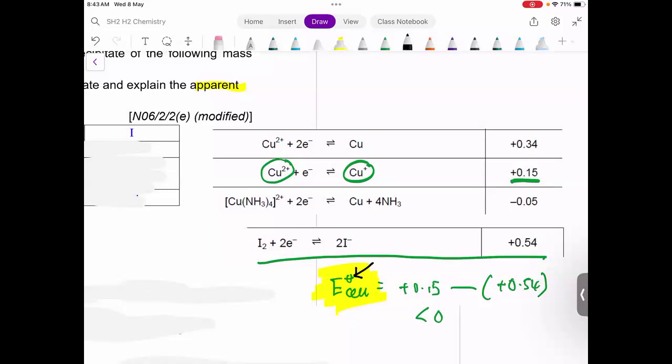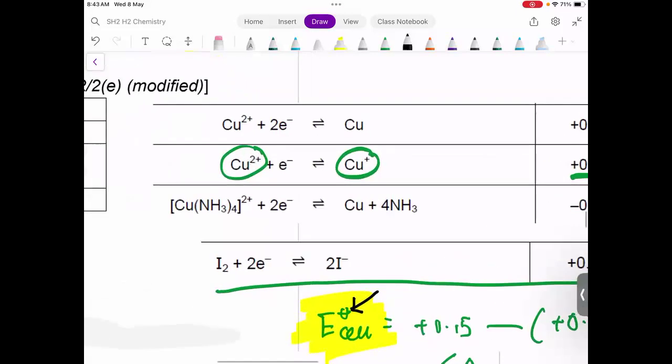If you look at this half equation, we are assuming that copper 2 is 1 mole per dm cube and copper 1 is also 1 mole per dm cube. But just now I highlighted that the copper 1 formed as a product is not copper 1 aqueous, but a copper 1 iodide PPT.